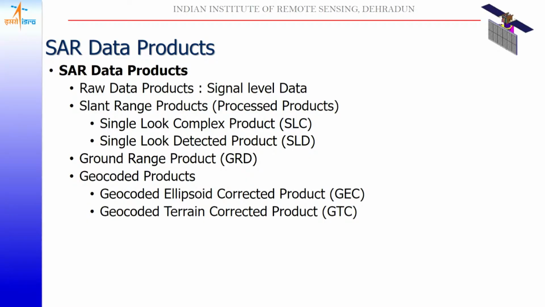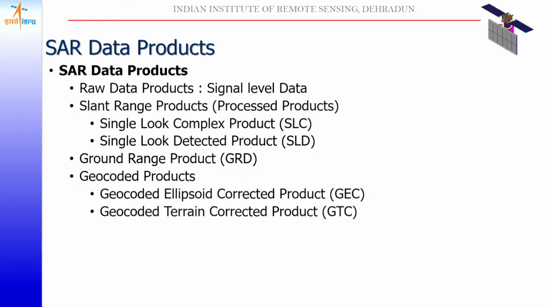So we want to project those images on the earth or geographical coordinate system, and those products are called geocoded products. We have different algorithms like geolocation and geocoding, which are used to project our SAR images from the sensor geometry to the earth geometry.